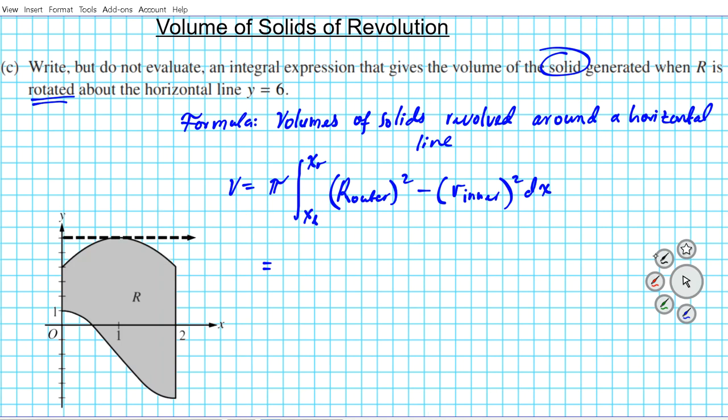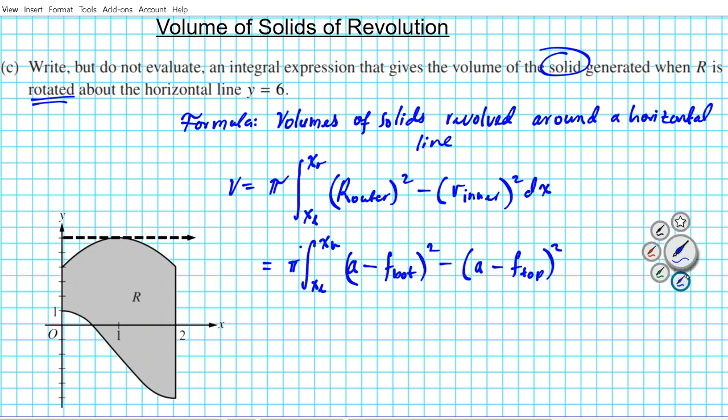So let me show you what the formula is, then we can discuss it later. It's going to be pi times the integral from x left to x right of your outer radius, which is your axis minus whichever one is farther, the bottom function, squared, minus your axis minus the one that's closer, the top function, squared, dx.